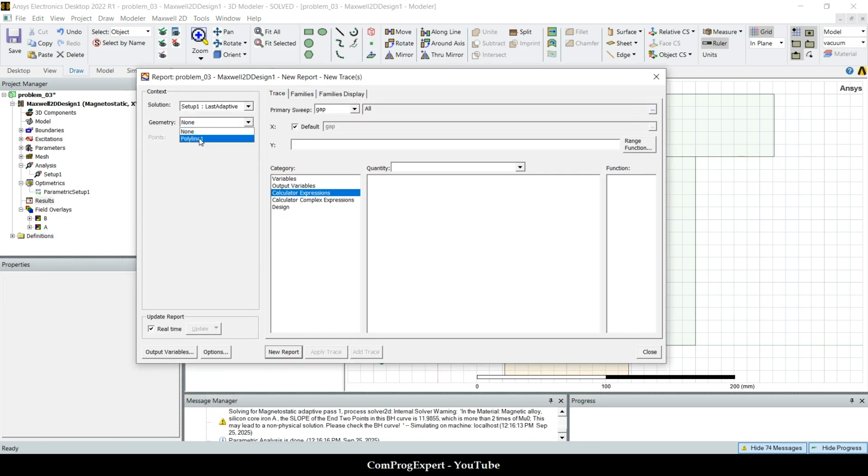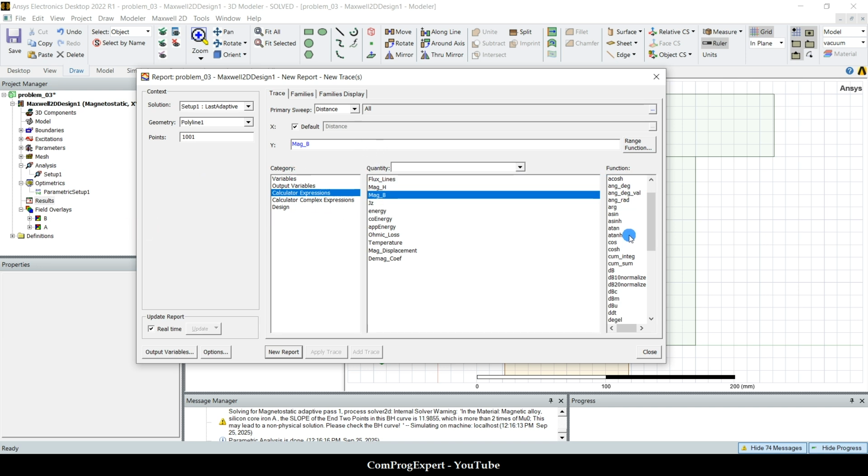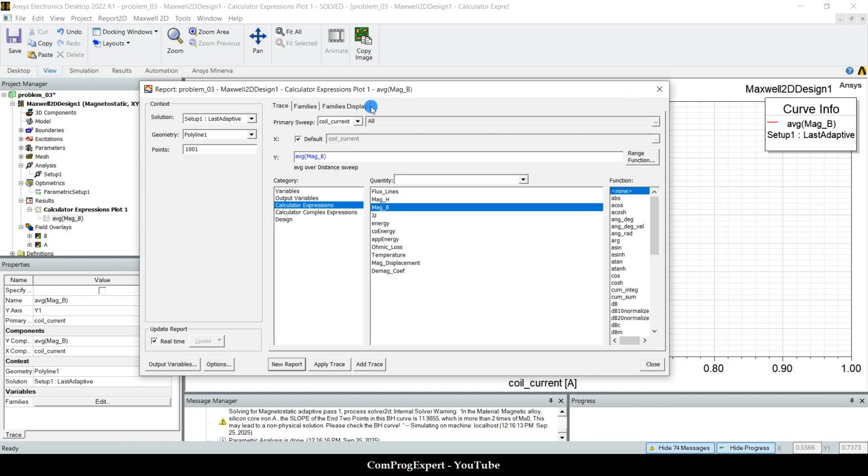The geometry is polyline 1. The magnitude of the B. We are going to calculate the average value of the magnitude of the B on the polyline that we created. So this is the average value. The primary sweep is the coil current. So let's check the numbers. This is the average value.